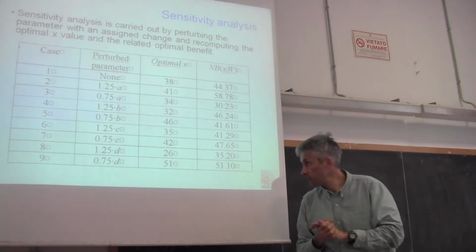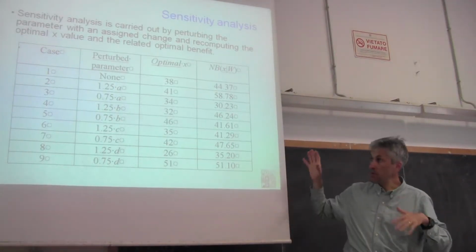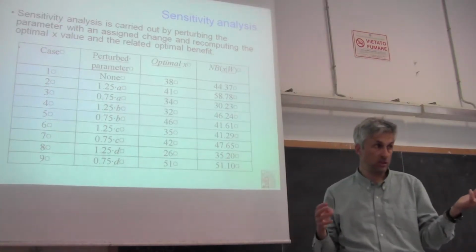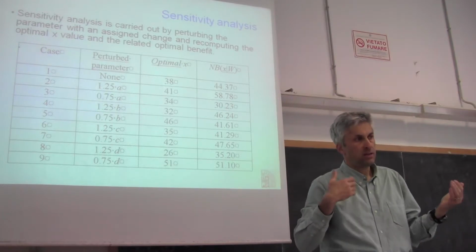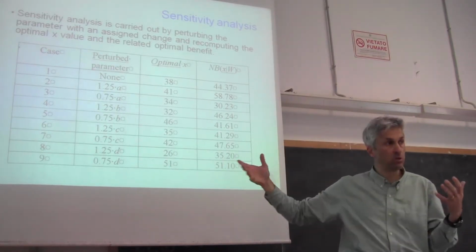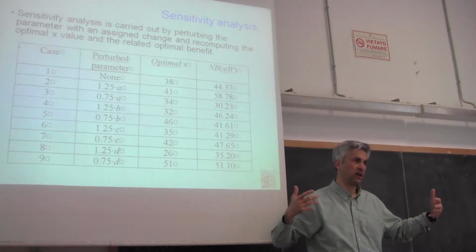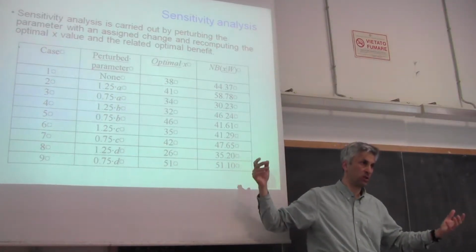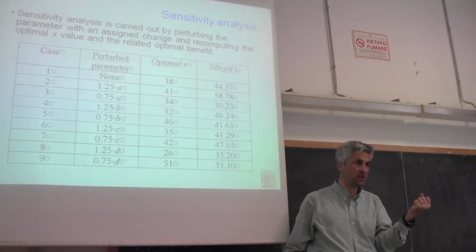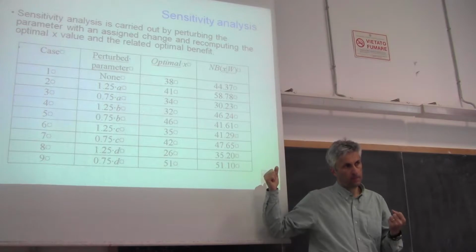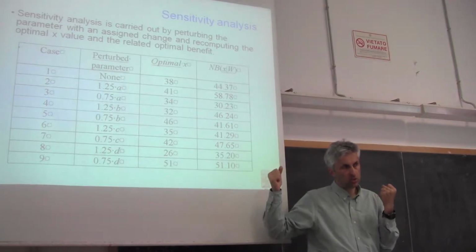Okay, then I made these computations, and the conclusion I reached last week was that we can see from this table that some parameters, their values, are effective on the allocation, so on the first mistake that I make, but less effective on the benefit. So the second mistake is not so huge.